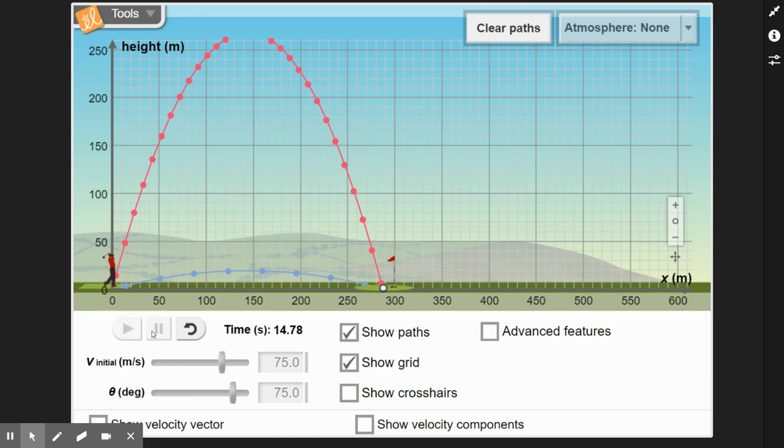Same base. Okay, well, what is the halfway point between 0 and 90? 45, and that's going to wind up giving us our greatest distance here, or very, very close to that. I mean, it's difficult to zoom in, so we can't quite get as accurate a reading as I'd like.